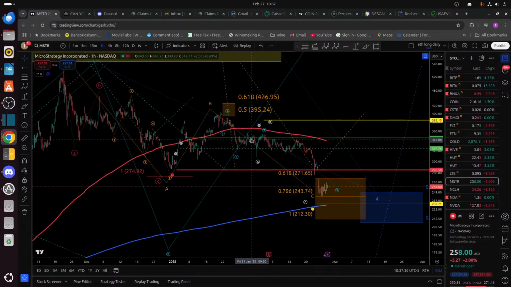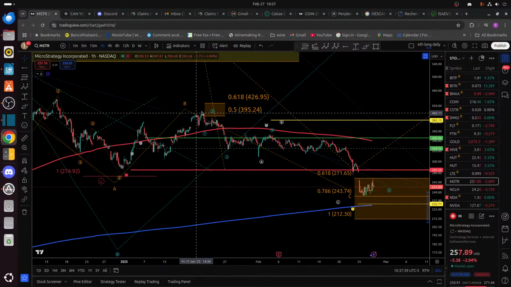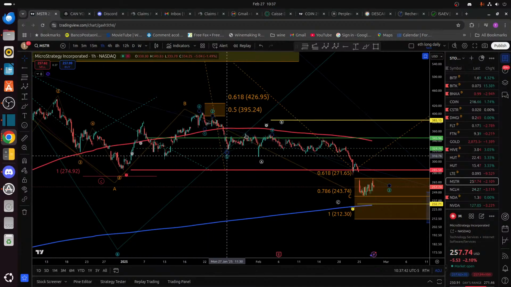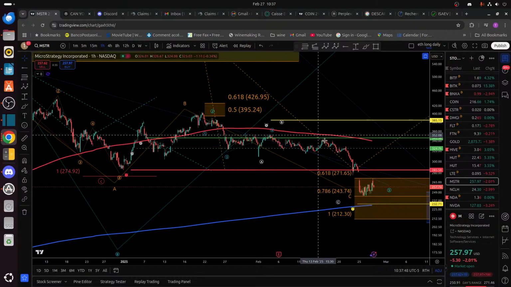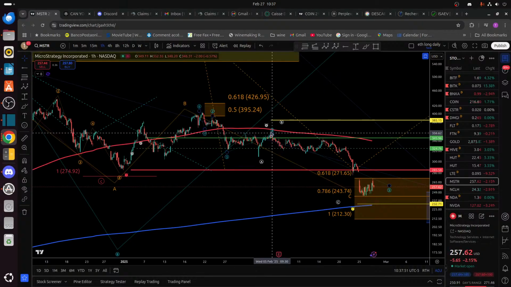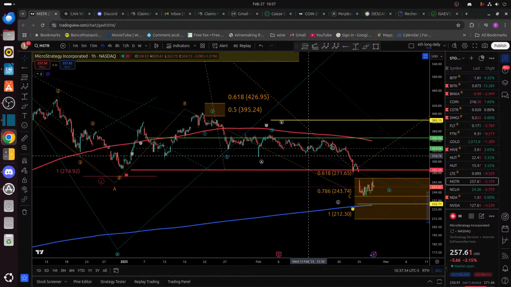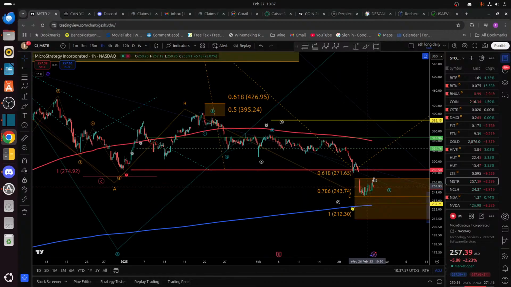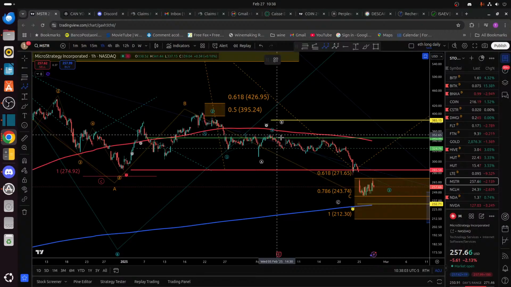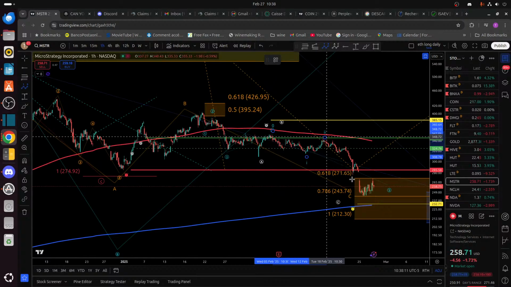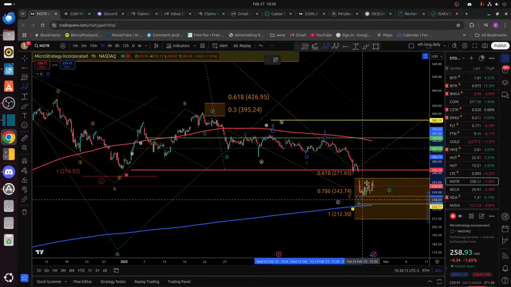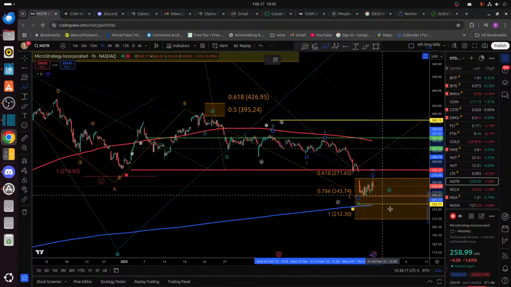And now I'm leaning toward this being an A, B, C for the wave A, and this is the B, or perhaps even this is the B. It doesn't really matter, but then this could be 1, 2, this is the third, this is the fourth, and still 1 to go. Starting from here, A, B, C for the wave 1, A, B, C for the wave 2, and now this very nice third wave, and the fourth, and a fifth.